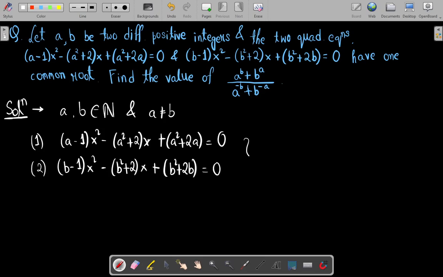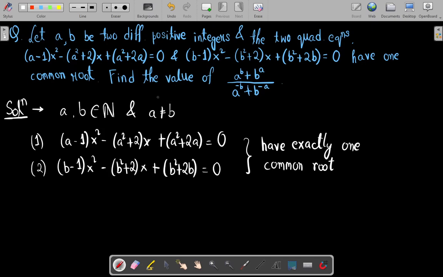And we are given these two have exactly one common root. These are the given conditions.